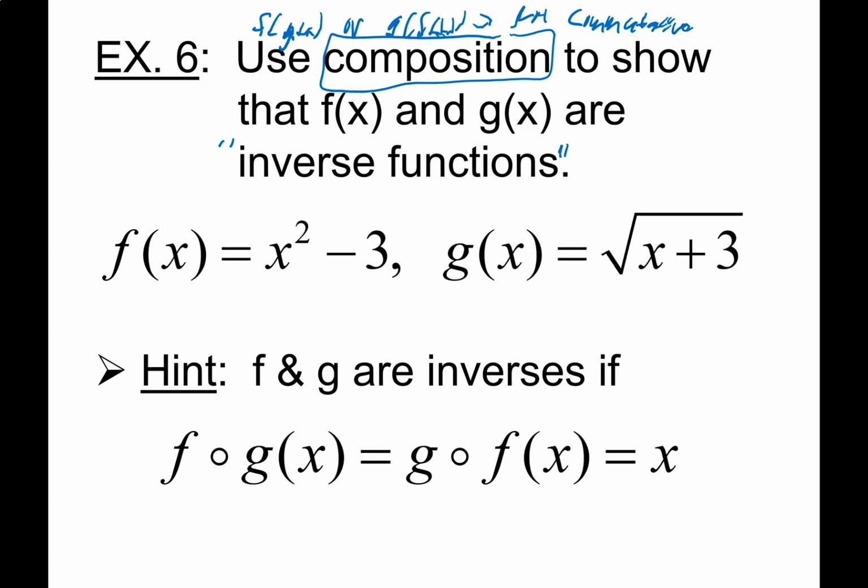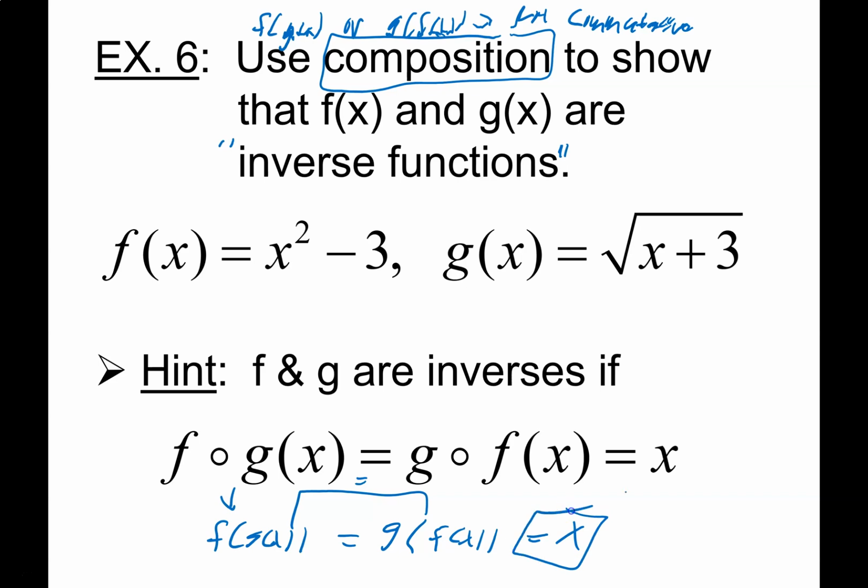If two functions are inverses, then what you're going to get is that here, this f of g of x will equal g of f of x. And what's more, not only will these two functions be equal, but they will equal x.